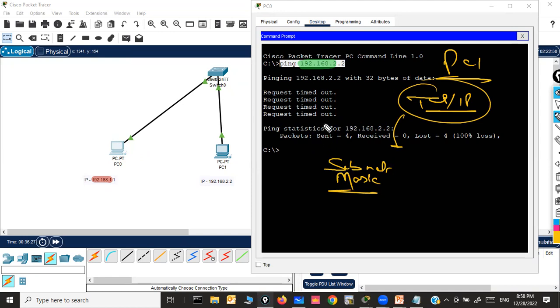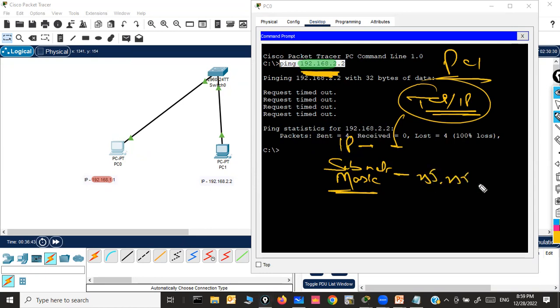We know that for a class C address the initial 3 octets are the network portion, but TCP/IP doesn't know that; it first looks at the subnet mask in the configuration.